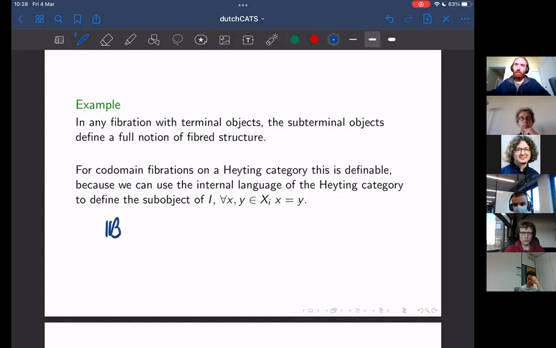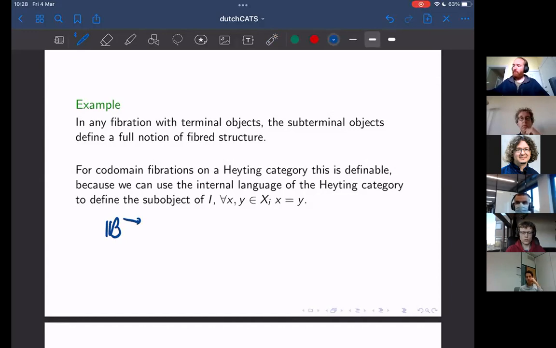This is codomain fibrations. In a set-indexed family fibration, we had a category C that we're interested in and wanted to reason about with sets.